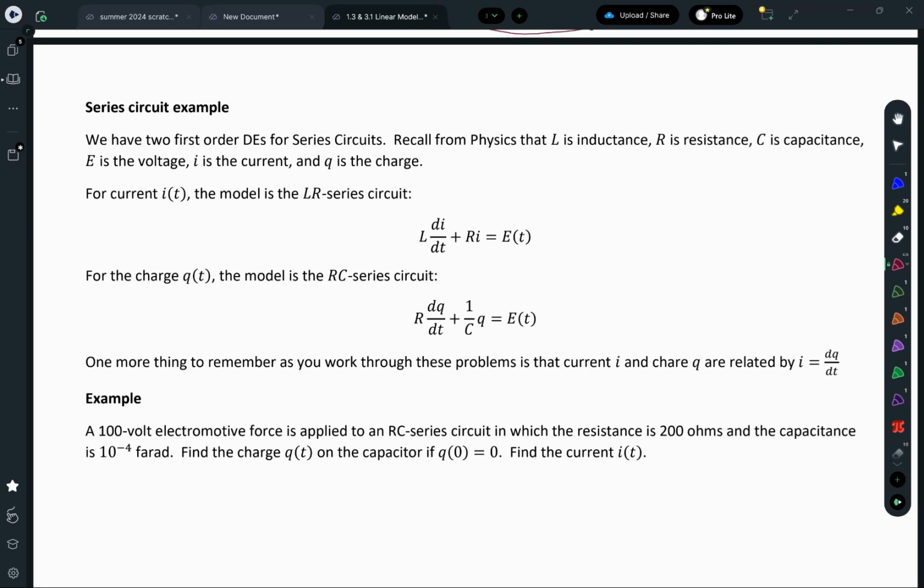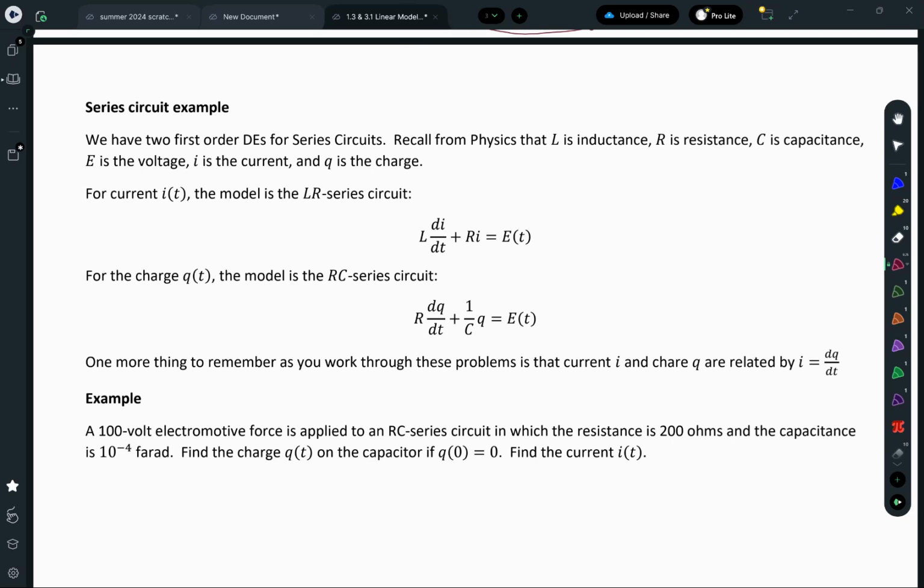For the current, I of t, the model is the LR series circuit, so that's an inductor resistor series circuit. And we get L times di dt plus R times I equals E of t. Okay, so that's one of the models that could be used. For the charge, Q of t, the model is the RC series circuit, so it's a resistor capacitor series circuit.